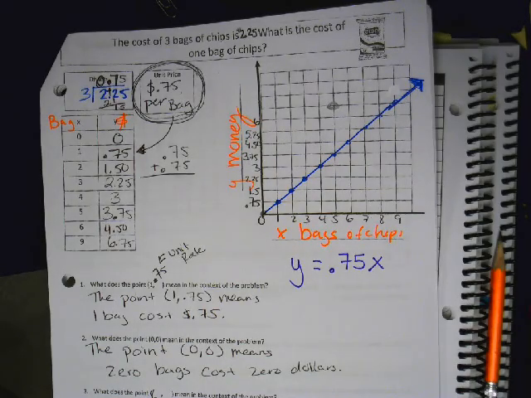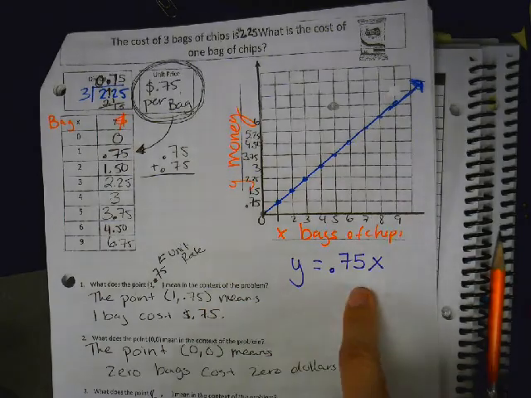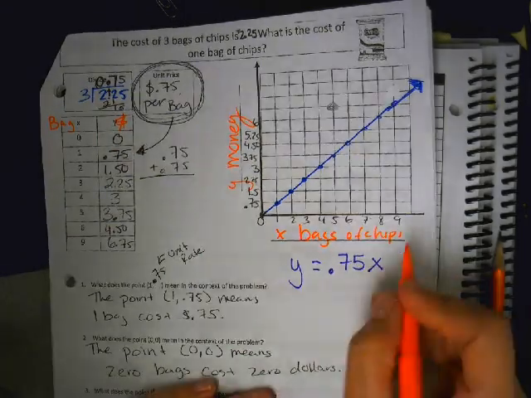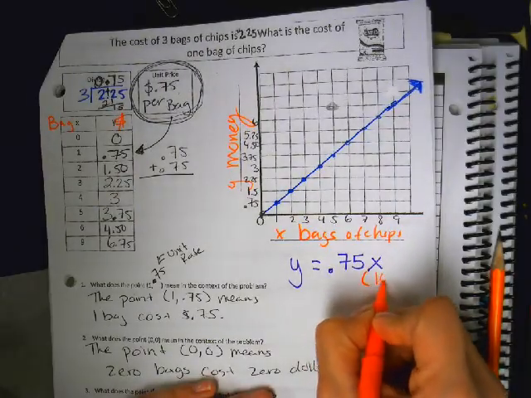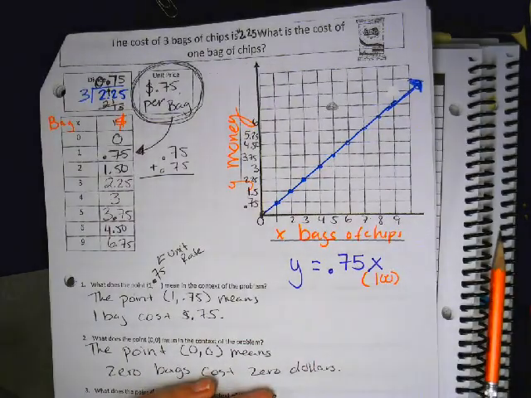Now, let's say I want to know how much 100 bags of chips is going to cost. I know the math is easy, so I'm not worried about the math, but listen to me. If I'm asking you for 100 bags of chips, is bags of chips your y or your x? Your x. So if I ask you for 100 bags, I would use my equation, and instead of writing x, I would write 100 because I'm asking for 100.